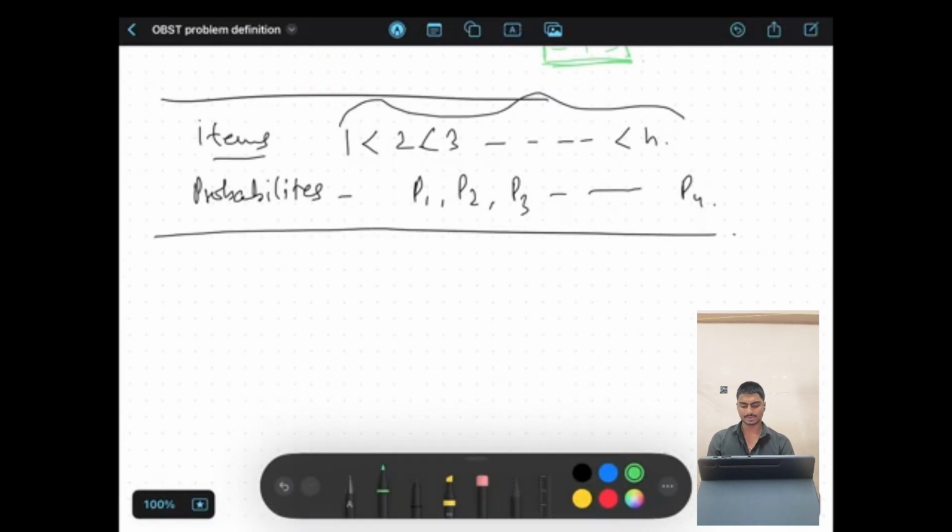If we have items 1 to n, the cost is the summation from i equals 1 to n of p of i times the search time of i in T. That's what we did here: the probability of 1 times the search time of 1, the probability of 2 times the search time of 2, and so on.